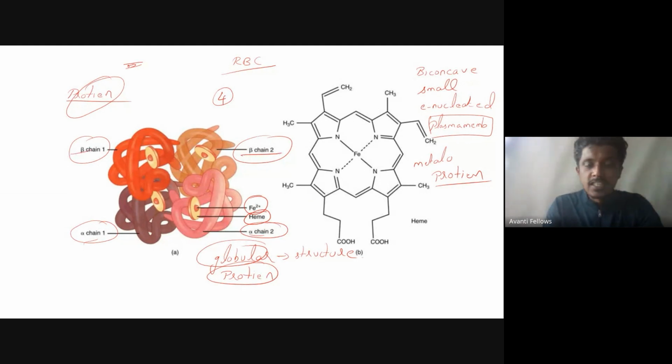These 4 polypeptide or amino acid chains come together to form one structure, which you call a globular protein. Hemoglobin has a functional center called the heme group, which is a cofactor. This heme group is associated with iron, which helps in attaching oxygen molecules to it. So this is about hemoglobin.